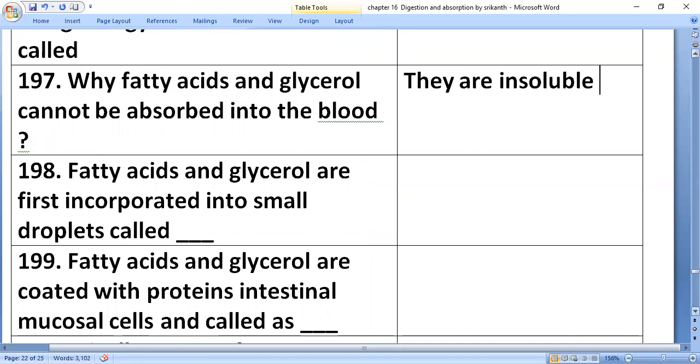Fatty acids and glycerol are first incorporated into small droplets called micelles.